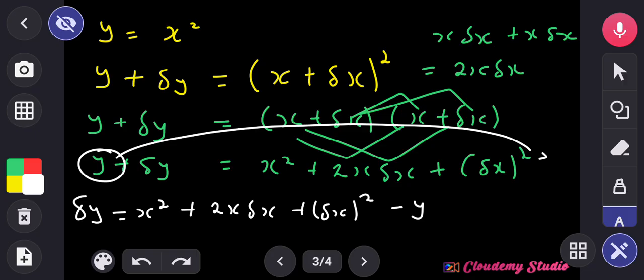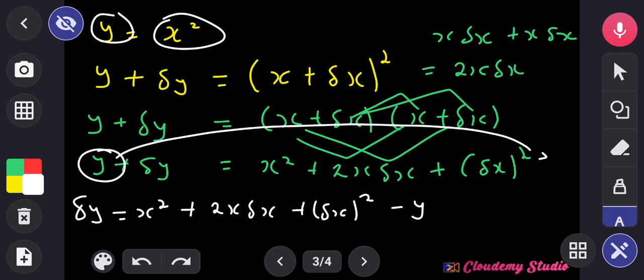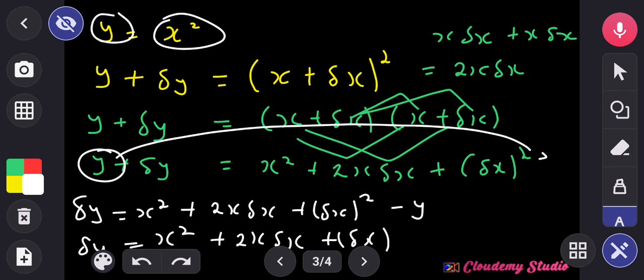But we remember that y equals x squared, and therefore, wherever we see y, we put x squared. Therefore, delta y equals x squared plus 2x delta x plus delta x squared minus x squared.